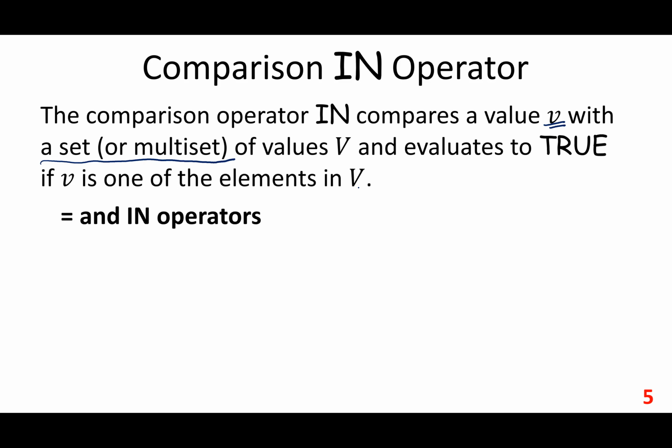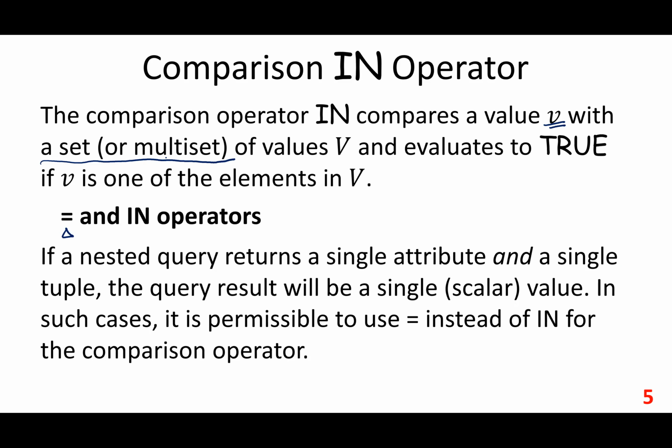Equal and in operator. There is a special situation where equal can be used: when your set or multi-set is a single element set. If a nested query returns a single attribute and a single tuple, the query result will be a single scalar value.